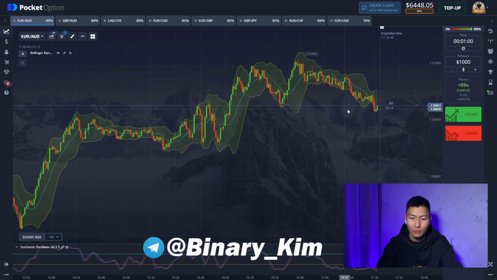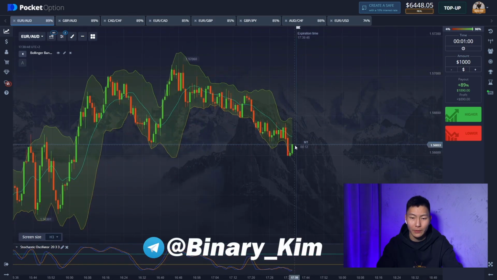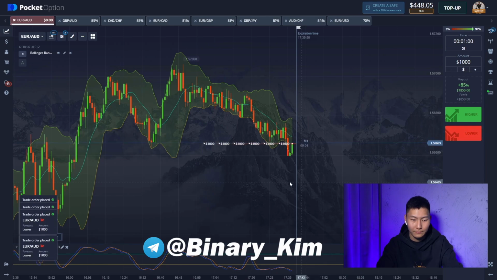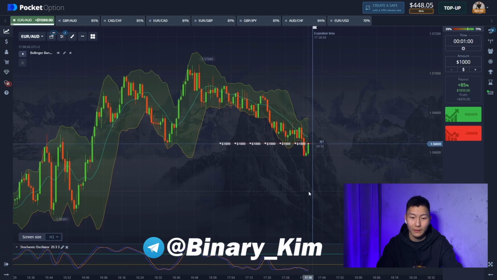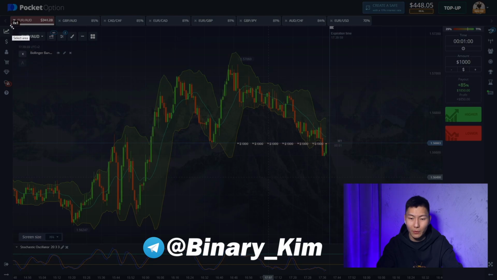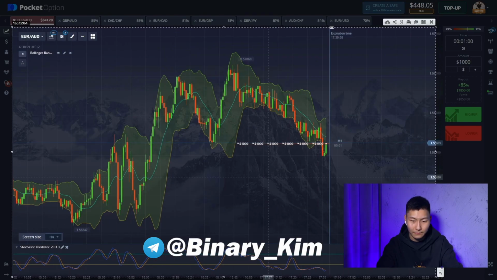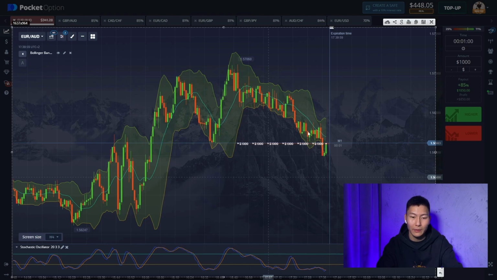Here we see the pullback is happening, so that's why we open a short position, I guess. So we have opened our position at the peak point. I think this is not gonna be a mistake. We play with the trend here and we understand the price is gradually going down.